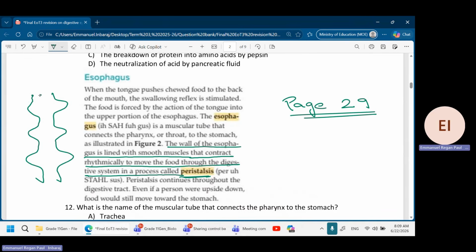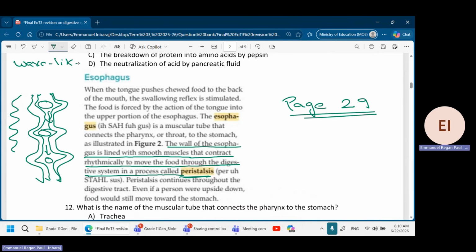Inside the esophagus, you will find smooth muscles. I'm drawing the smooth muscles now. So what will happen? They will contract rhythmically to move the food through the digestive tract, which means through the esophagus.